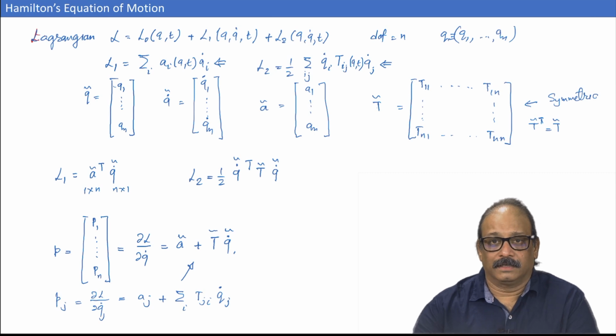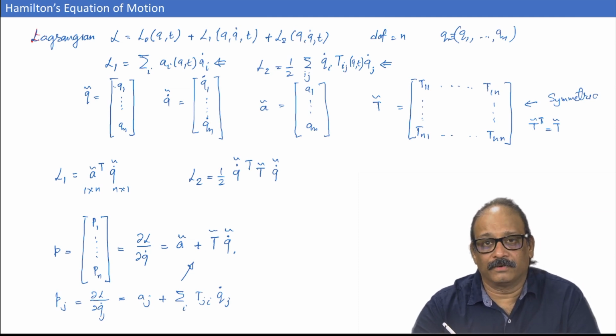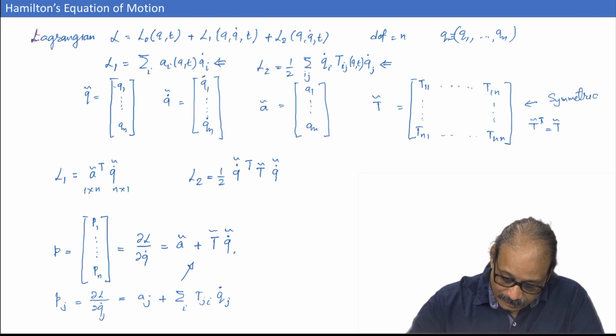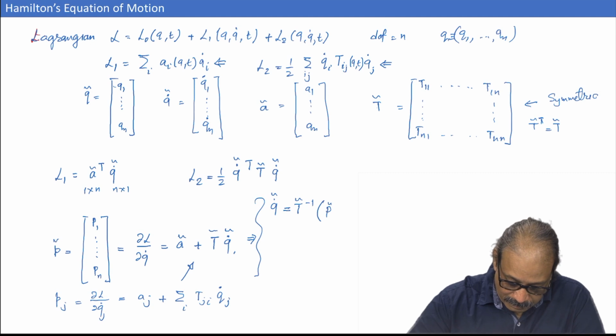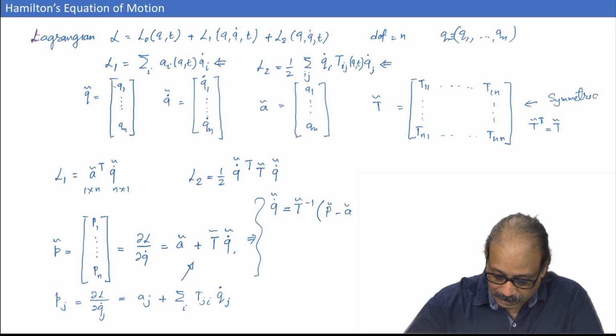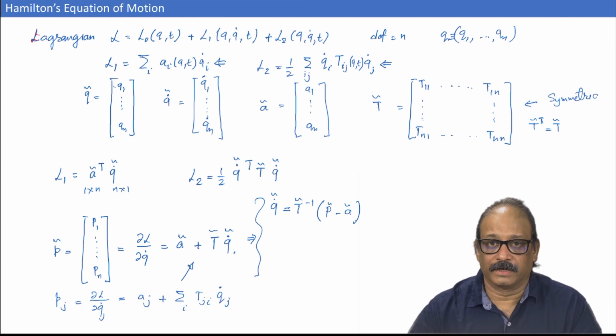And remember, the Lagrangian here is quadratic, it is a convex function, and hence Q dot can be easily found by inverting this relationship. So, when I invert this relationship, I get Q dot tilde. So, after inverting, this would be equal to T tilde inverse into P tilde minus A tilde. Okay. This is what you get after inverting this relationship.